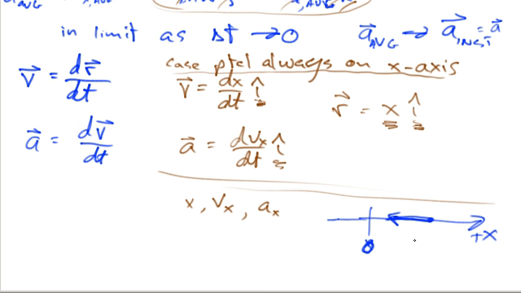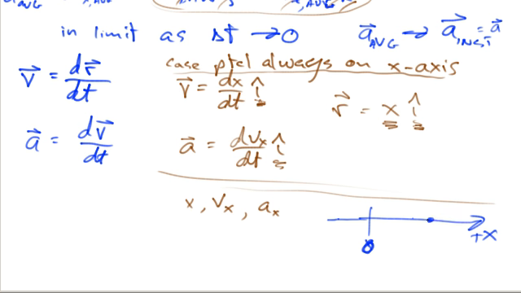By the way, if the particle is moving to the right and at an ever-increasing speed, then a sub x would be positive. A sub x is to the right. If the particle is moving to the right, but it's slowing down, then the acceleration is to the left. The direction in which the velocity is changing is leftward.